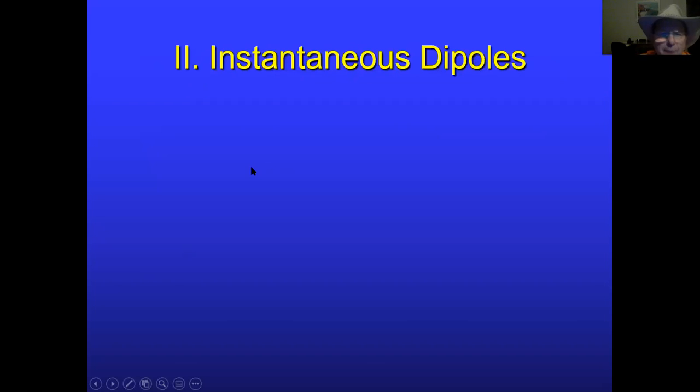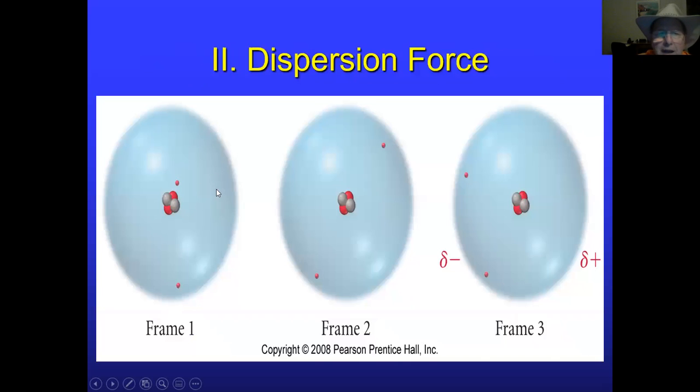So if we have a molecule, this is fairly even. This is definitely even, but looky here. There's a situation where we have two electrons on one side of the atom. So we get a slight negative side to this part of the atom and a slight positive side to this part.